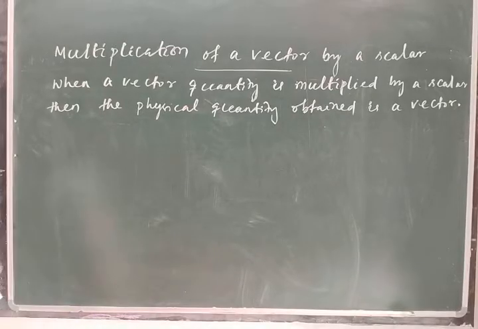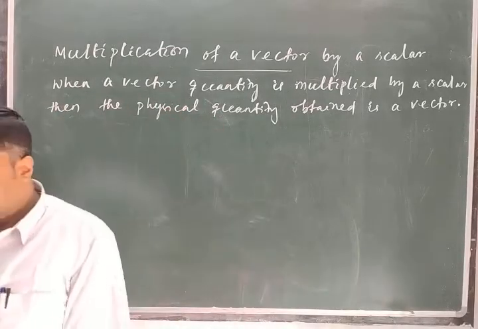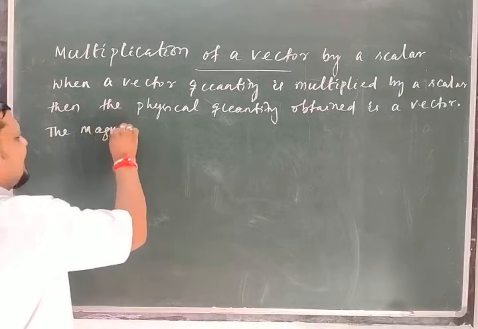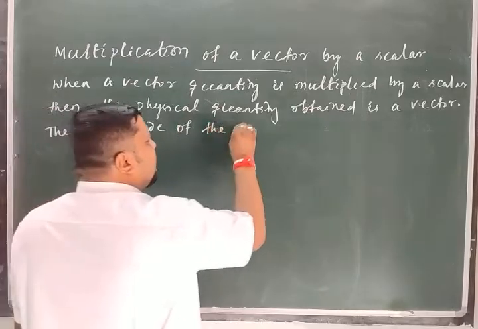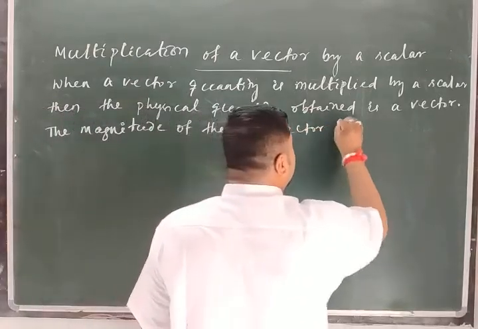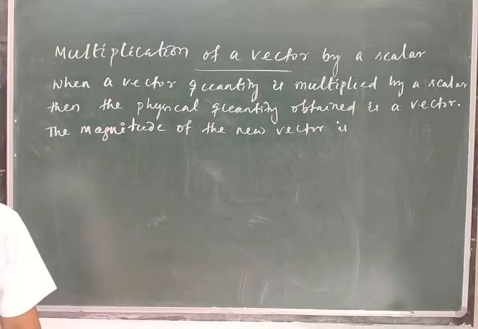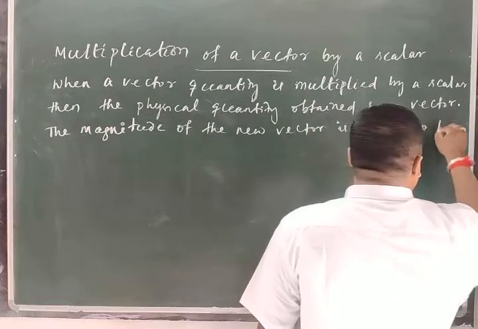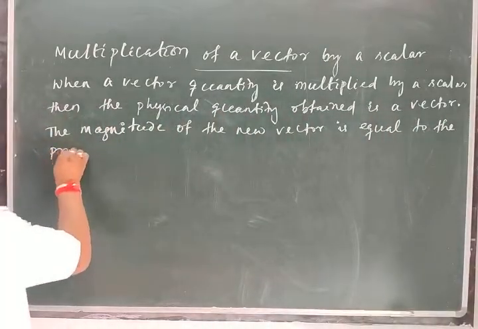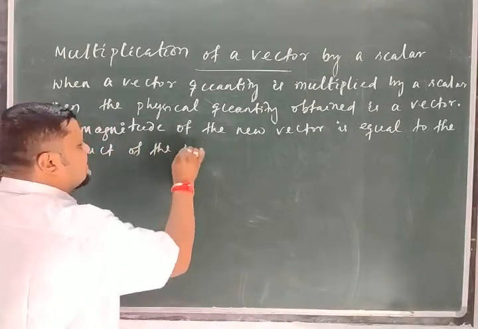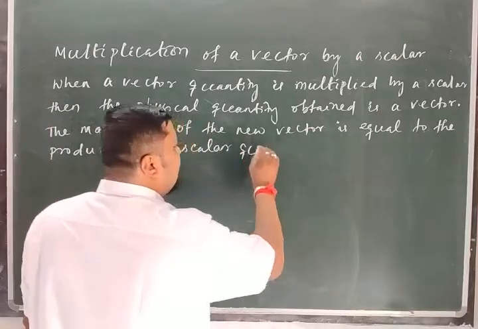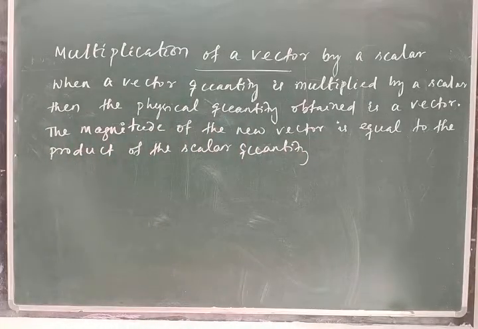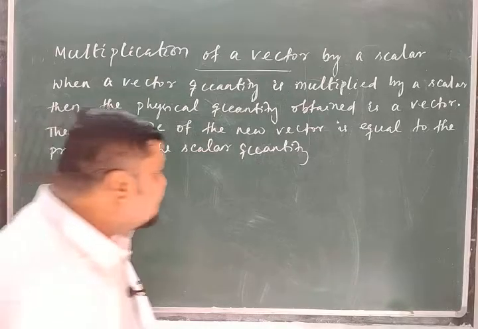So the magnitude of the new vector is equal to the product of the scalar quantity and the magnitude of the vector.